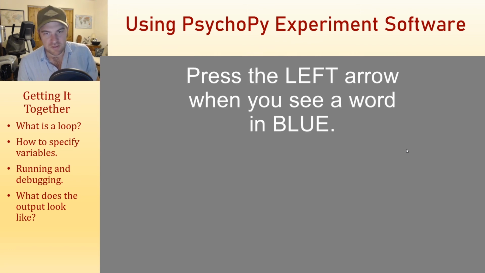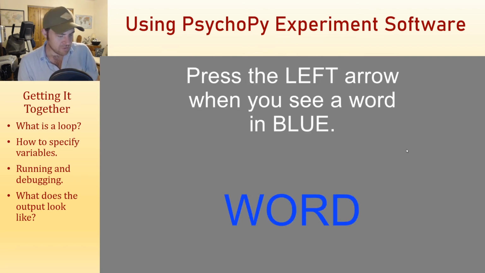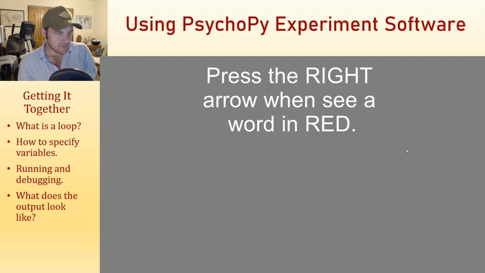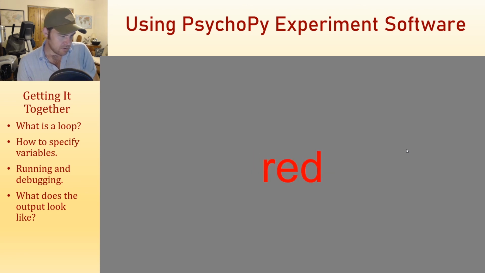And that'll advance us. Press left when you see word. Oh, there's the word. Press left. Press right arrow when I see a word in red. And I see it, so I'm going to push the right, and then right, left, left, left, right.